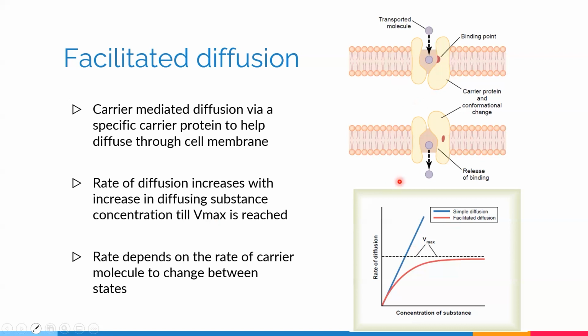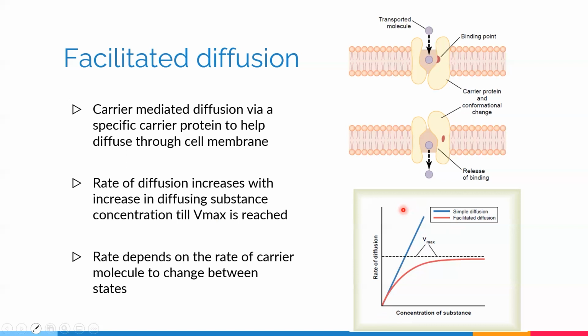But in case the carrier protein changes between states very fast, like it can bind and instantly release the particular transported molecule into the cell and then again change to the binding state, then the rate of diffusion will increase manifold. This is shown here in this particular graph, where we can see the rate of simple diffusion increases with increase in concentration of the substance. So greater the amount of substance, greater will be the diffusion.